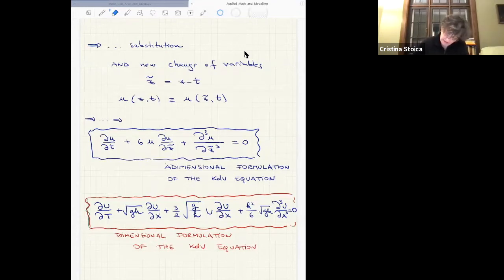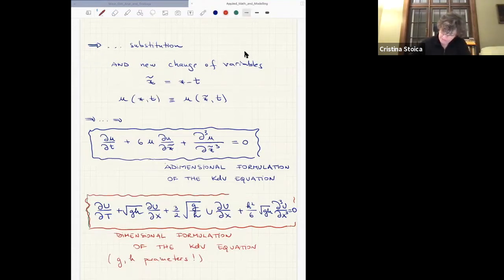So you can see that there is quite a difference, right? In the dimensional formulation, we have two parameters, g and h, right? And we don't know how the dynamics will be affected by varying these parameters, if for larger h or smaller h the dynamics will change.